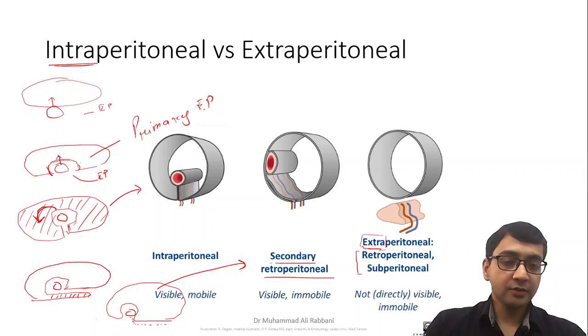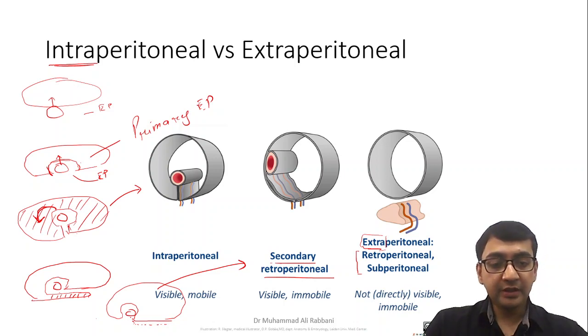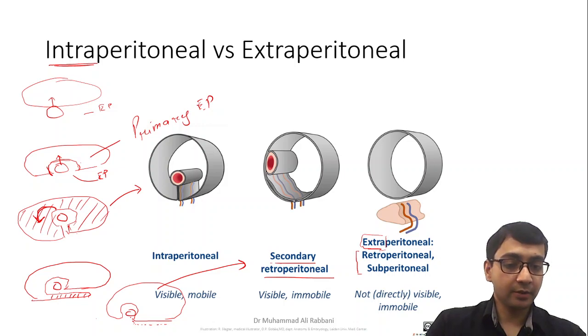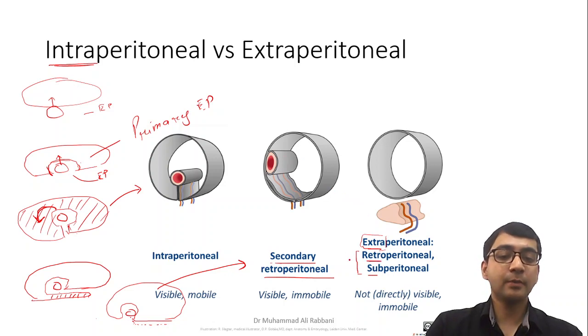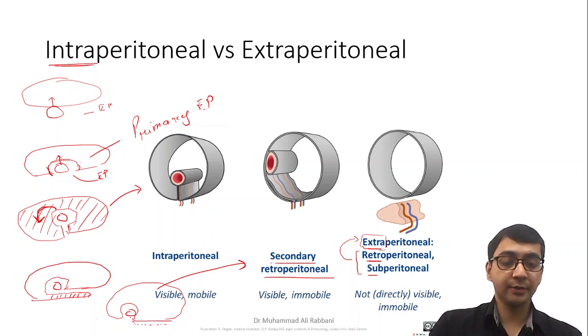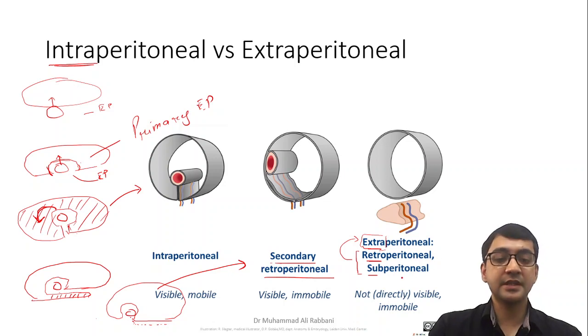Similarly, the organs of the pelvis, like bladder, uterus, cervix, are beneath the lower margin of the parietal peritoneum. So they are beneath it, so they are known as subperitoneal. So subperitoneal or retroperitoneal are basically just fancy words for extraperitoneal, and they just give an idea about the relation of the organ to the peritoneum. So kidney will be considered as retroperitoneal, bladder will be considered as subperitoneal, both are extraperitoneal.